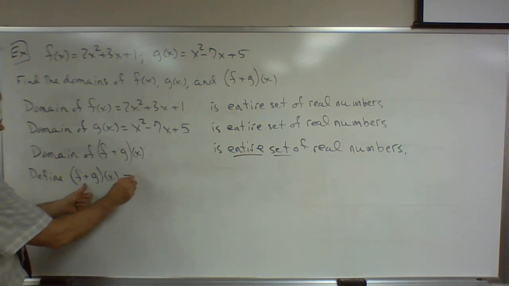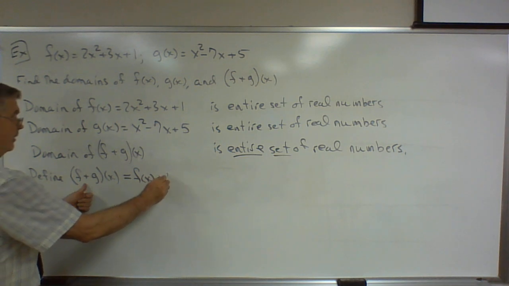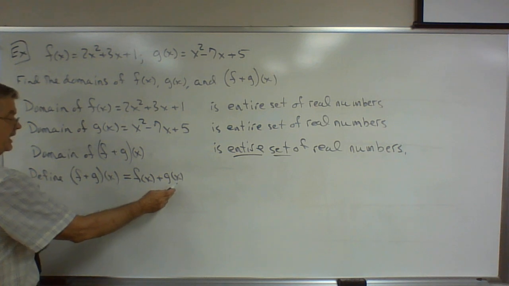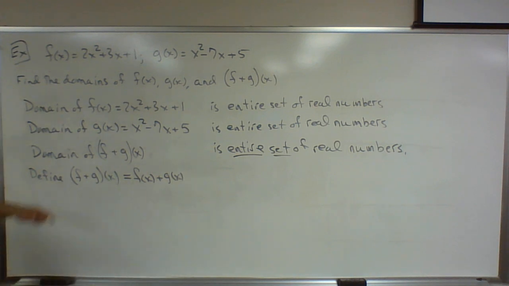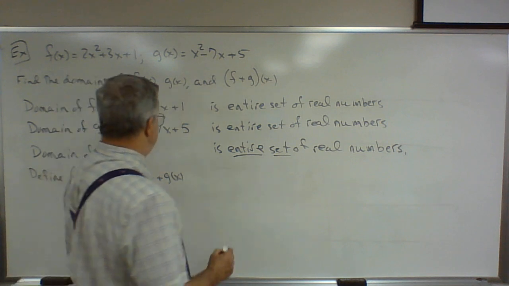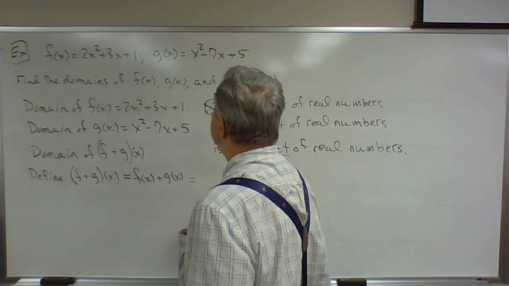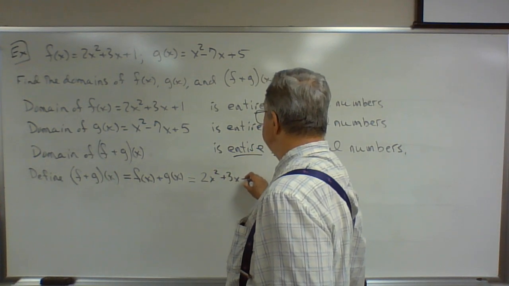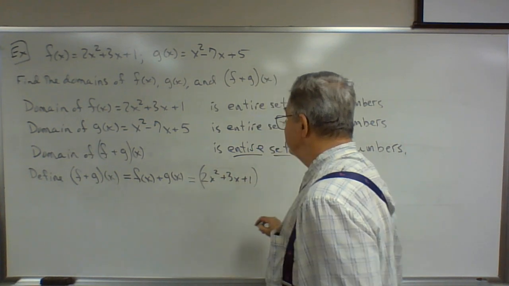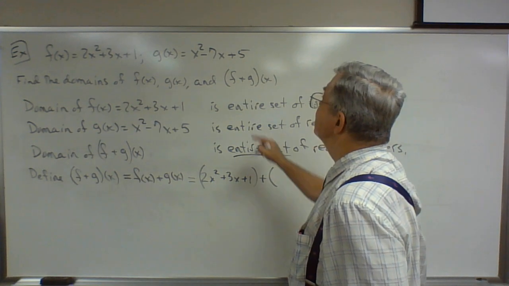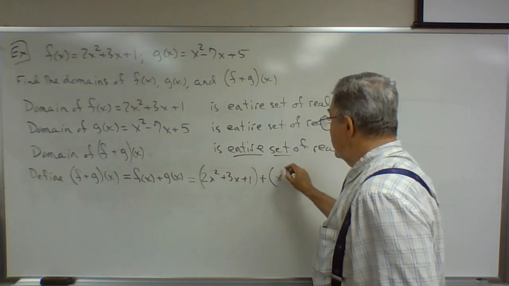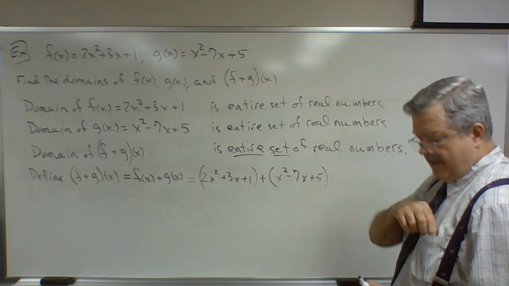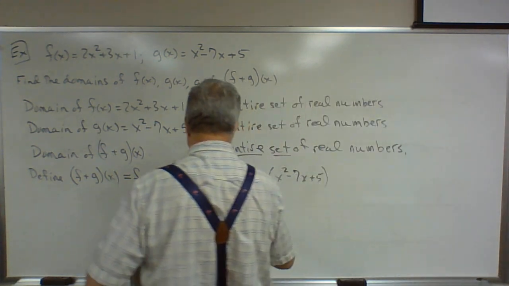This is the same as f of x, f evaluated at x plus g evaluated at x, right? And we know what both of those things are. So this is 2x squared plus 3x plus 1. There's f of x plus x squared minus 7x plus 5. Here's our g of x.